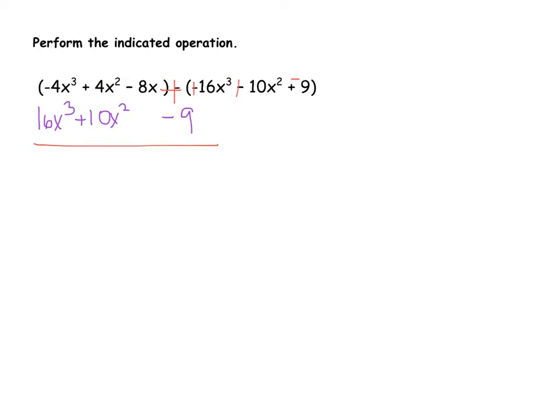Okay, x to the thirds are like terms, so 12x to the third. 4x squared plus 10x squared, we get 14x squared. And then negative 8x stays negative 8x, and negative 9 stays negative 9. And we have now subtracted a polynomial.